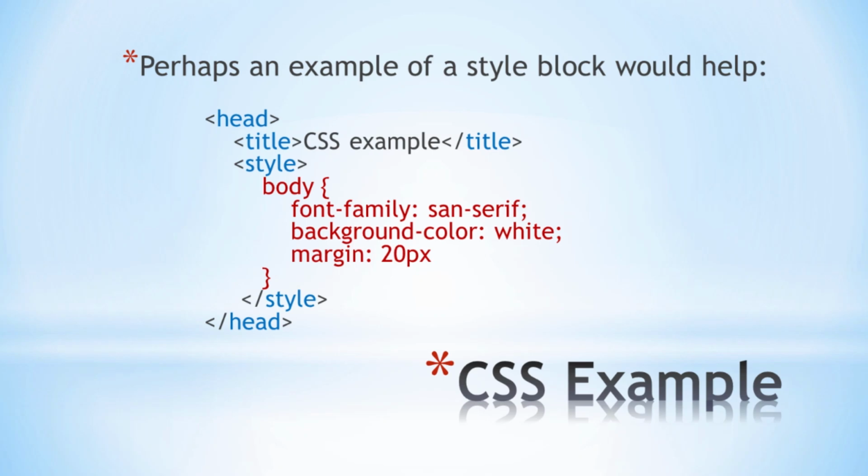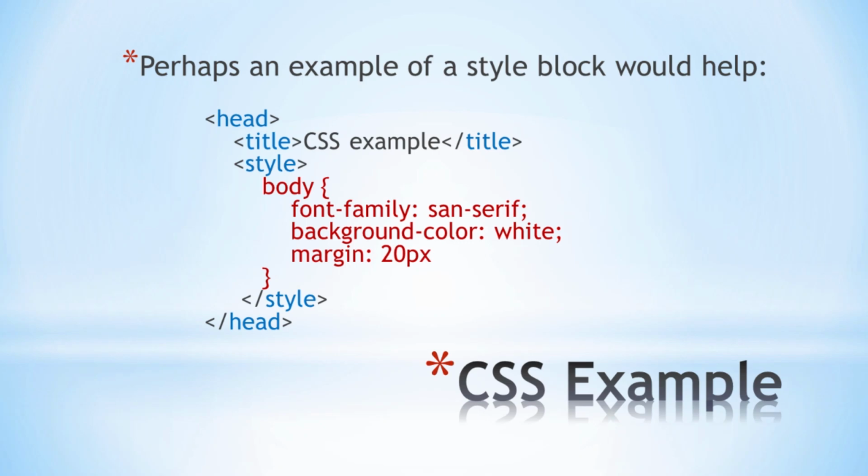And the red area here inside the style tag is CSS syntax for saying that for the body, make the font family sans serif, make the background color white, and make the margins on this web page 20 pixels of blank space all the way around.